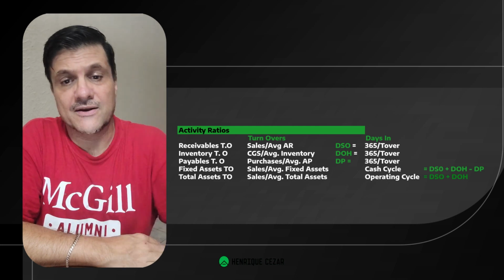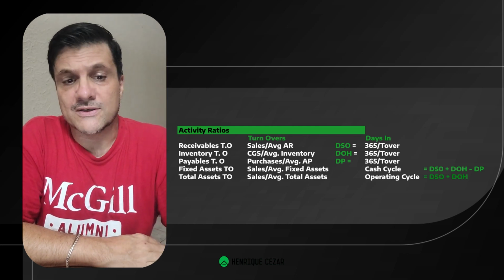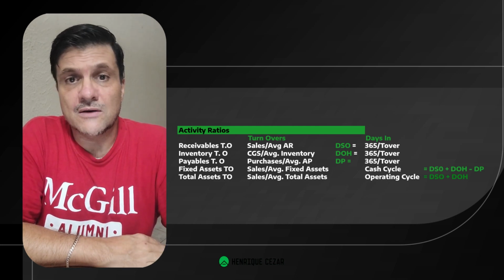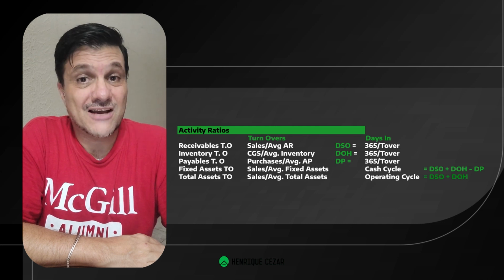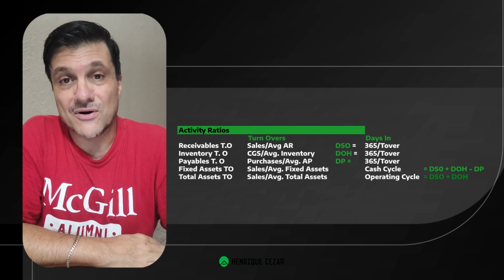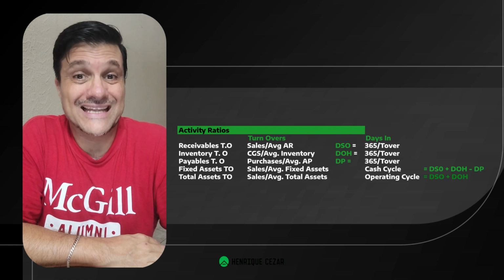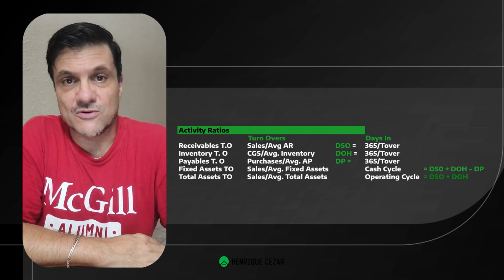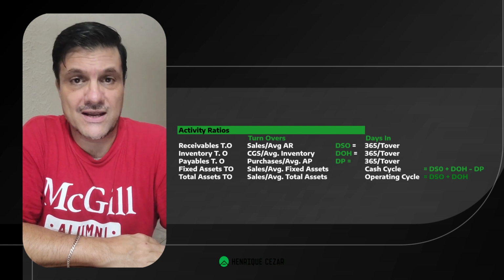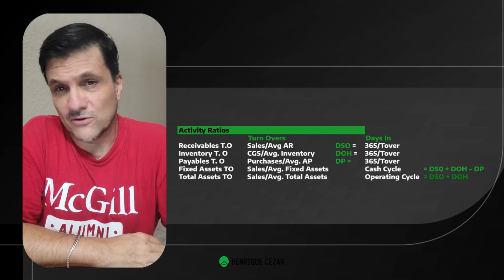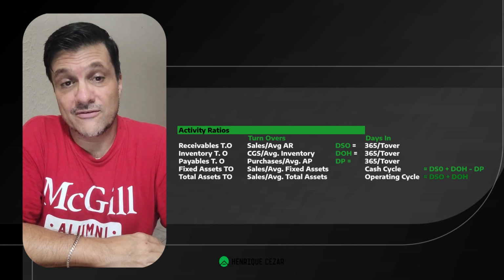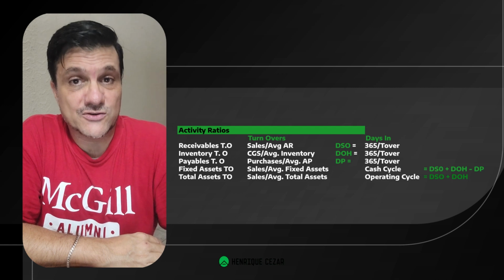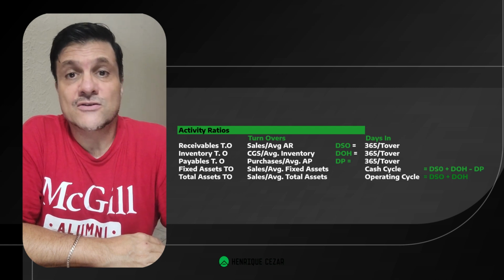And the formulas, by the way, are here on the side. So calculate the turnover, and then take 365 and divide it by that turnover to get the number of days, called days in. So days in receivables, how long it takes to get paid from my clients. Days in inventory, how long it takes to sell one full inventory. Days payable, how long it takes me to pay suppliers. So those are the days.